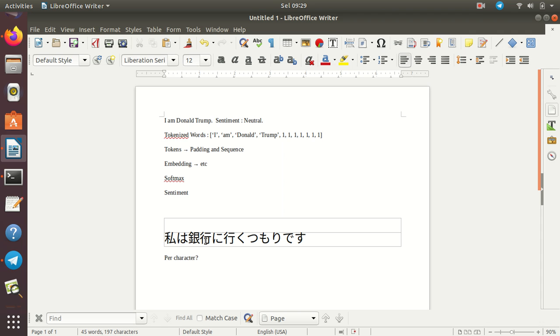And furthermore, this kanji, ginko, contains the same kanji as another word. So we make another potential mistake here.